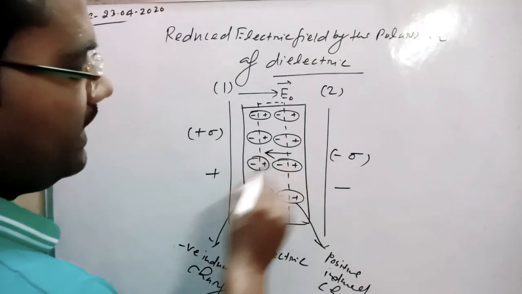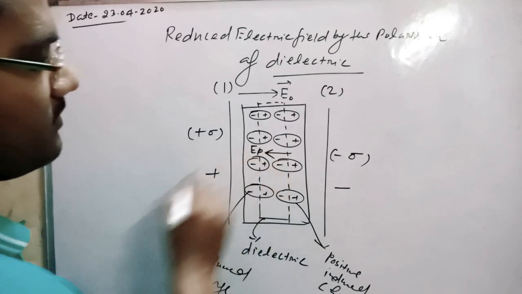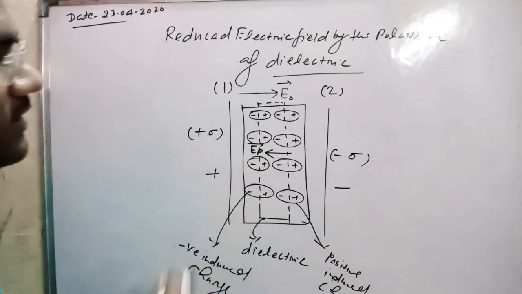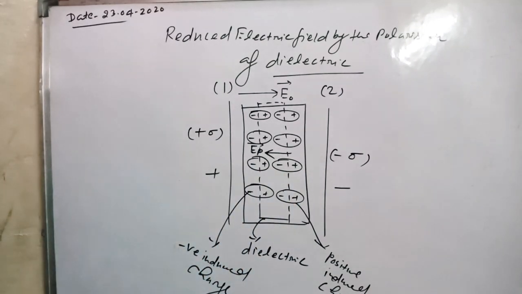Here an internal field EP is produced, and the direction of EP is from positive to negative.